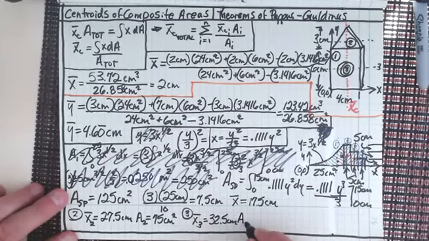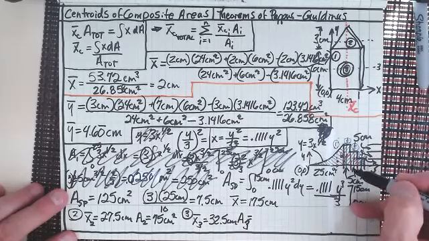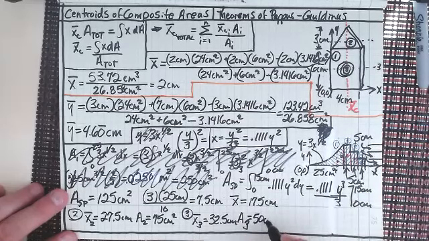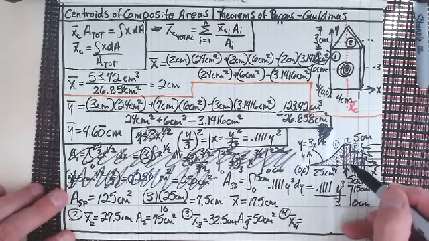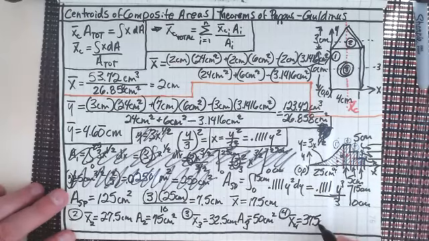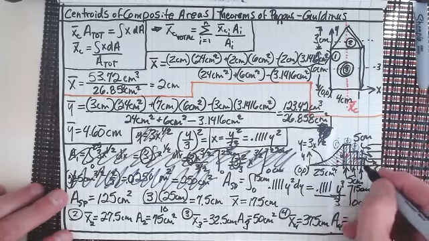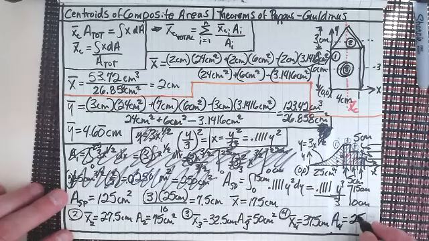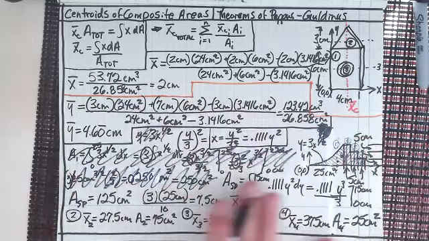And its area is going to be 1/2 of 75, or 50 square centimeters. And then for number 4, x bar for 4 will be, let's see, 25, 30, 35, 37.5 centimeters. And then the area for number 4 is just going to be 1/3, so that would be 25 square centimeters. So that's all of the work that we've got for that.